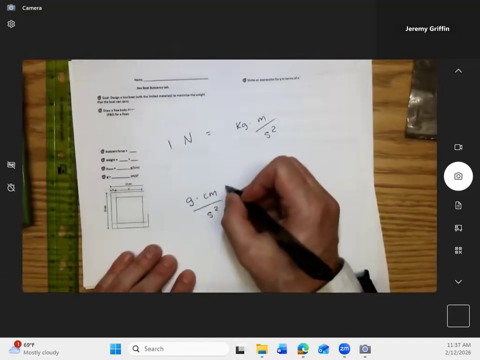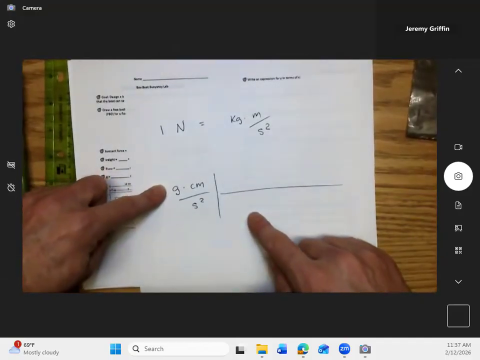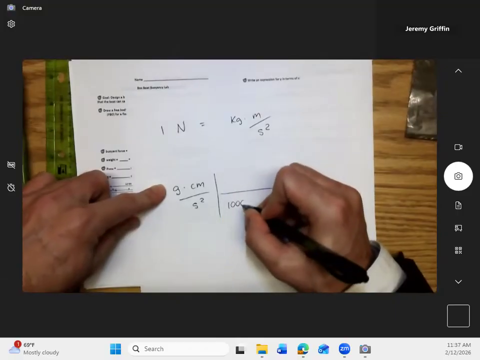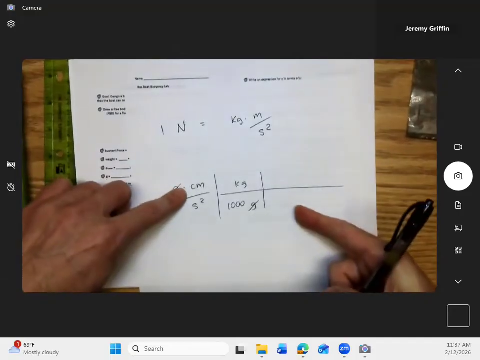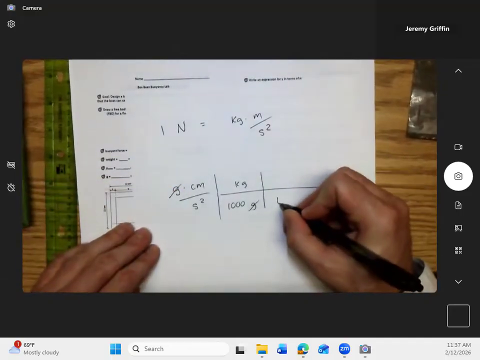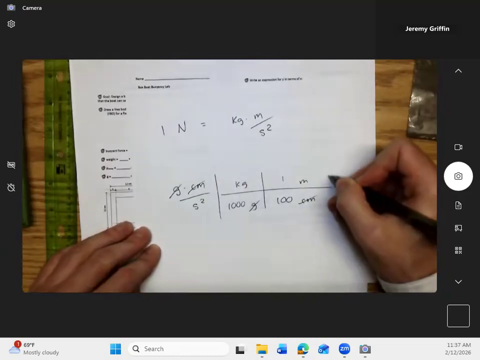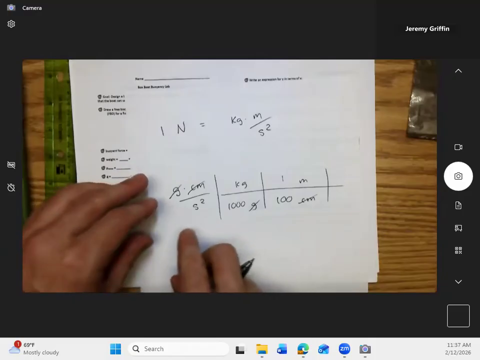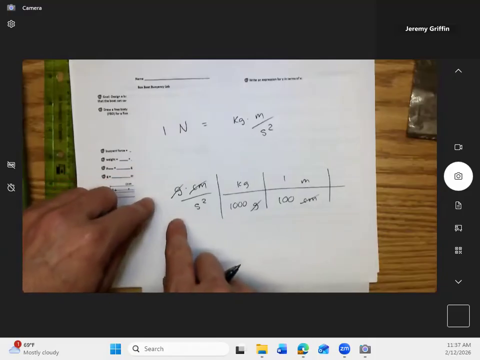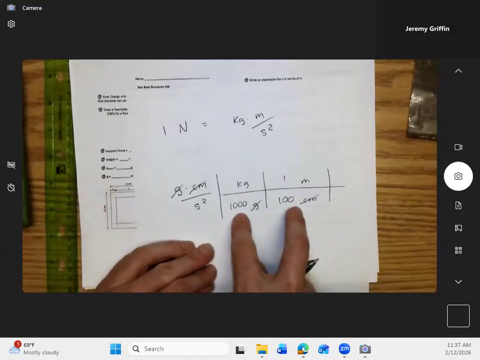Here, I'll help you out a lot right here. How many grams in a kilogram? 1,000 grams in a kilogram. How many centimeters in a meter? 100 centimeters in 1 meter. Okay, so if you take grams centimeter per second squared, some number associated with that, maybe it's like 1.1 or whatever, and you divide by, what does this multiply out to right here?